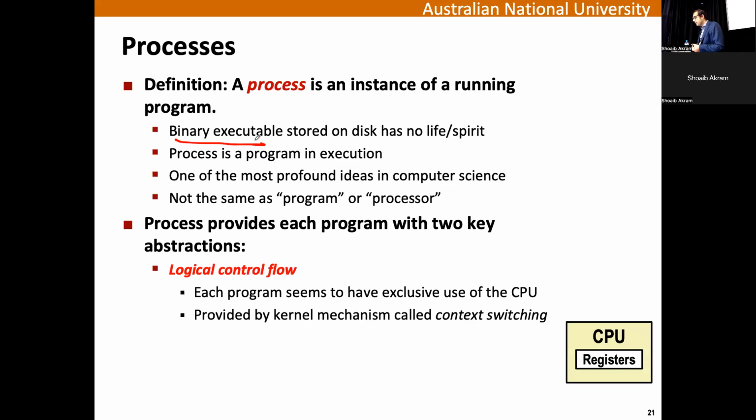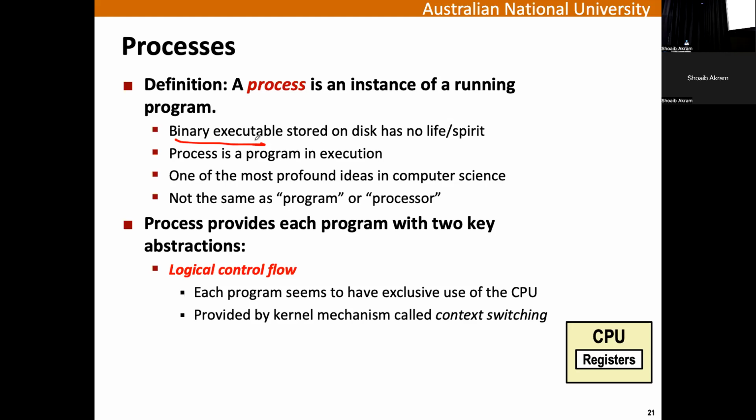A process provides each program with two key abstractions. We cannot provide each process the full physical CPU and the full physical memory. That would be cheating. That would be a very bad scheme because we know that we only have one processor. What we could do is, the first slide where I showed you the control flow, a sequence of program counter values was a physical control flow.